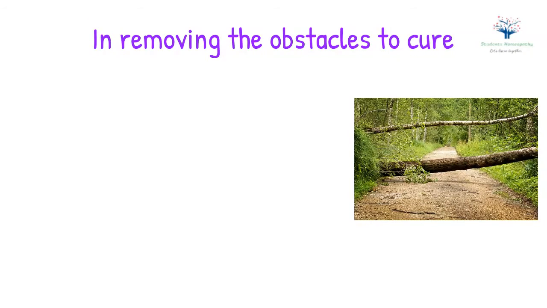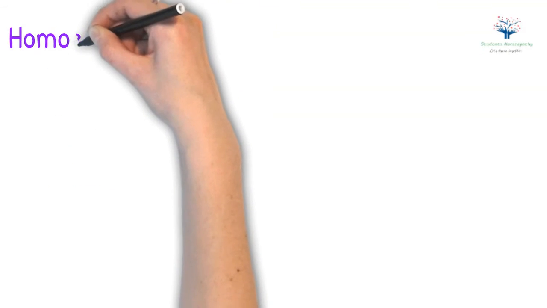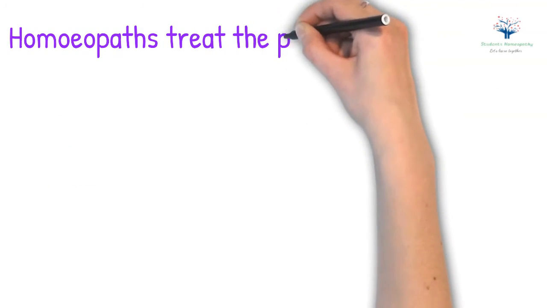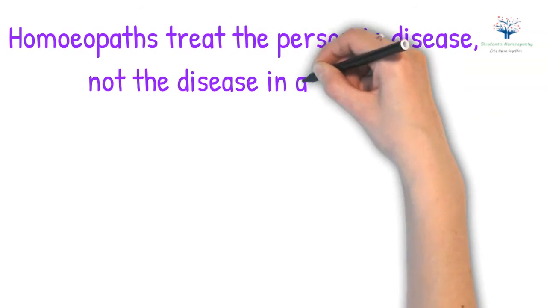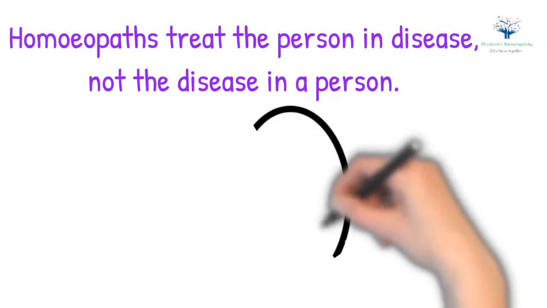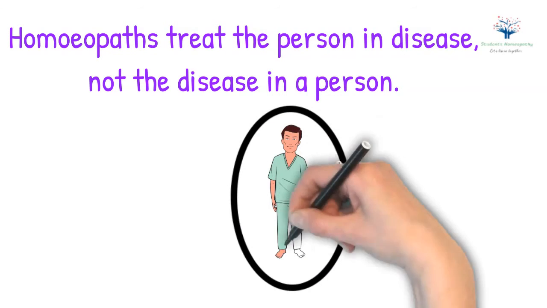By knowing the temperament, we can advise our patients proper psychotherapy or behavioral therapy, and we can advise them to take precautionary measures. So, in this way, the knowledge of temperaments can help us in many ways. Homeopaths treat the person in disease, not the disease in a person. So, being the person's innate nature or character, temperaments can play a very important role in homeopathic prescription.